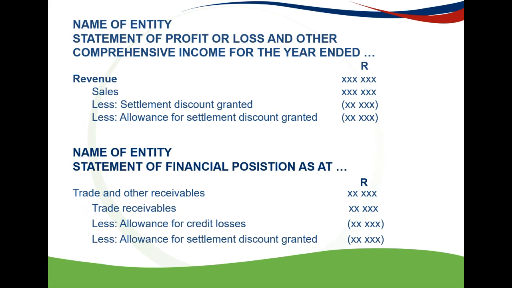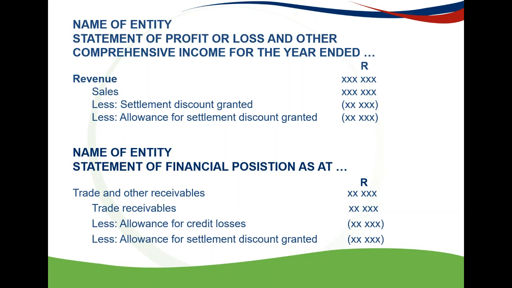Now, in our statement of financial position, we will have our trade and other receivables, under which you will find your trade receivables, your debtors, your trade debtors, the people that you sold to on credit, less your allowance for credit losses, and also less your allowance for settlement discount granted.